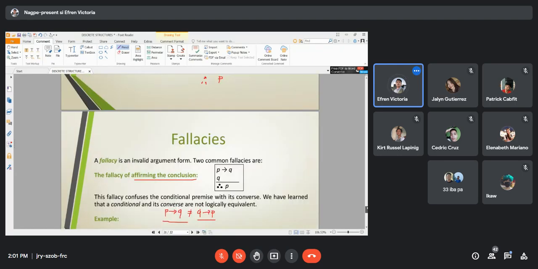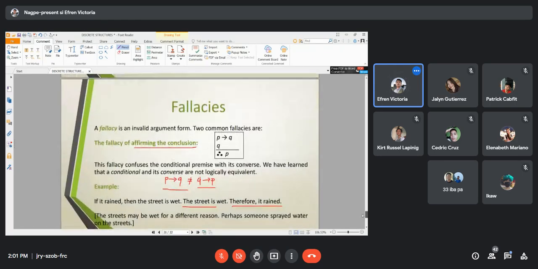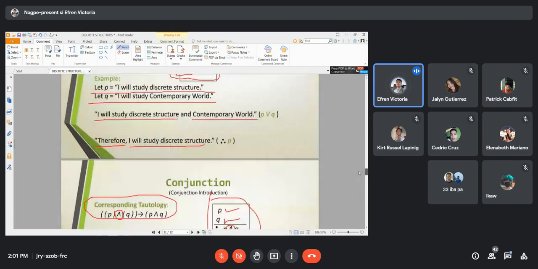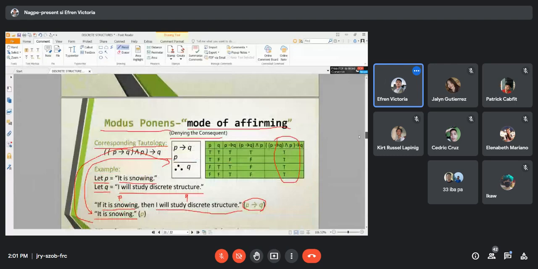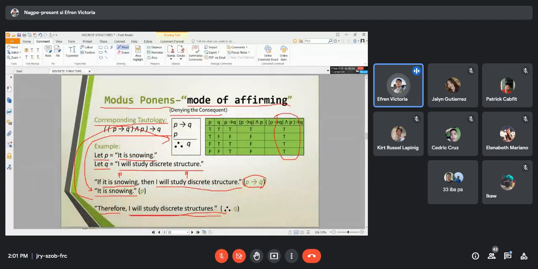In modus ponens, right, it is P and then Q. In the fallacy, it is Q and then P. Here, let's say for example, it is snowing, I will study discrete structure.